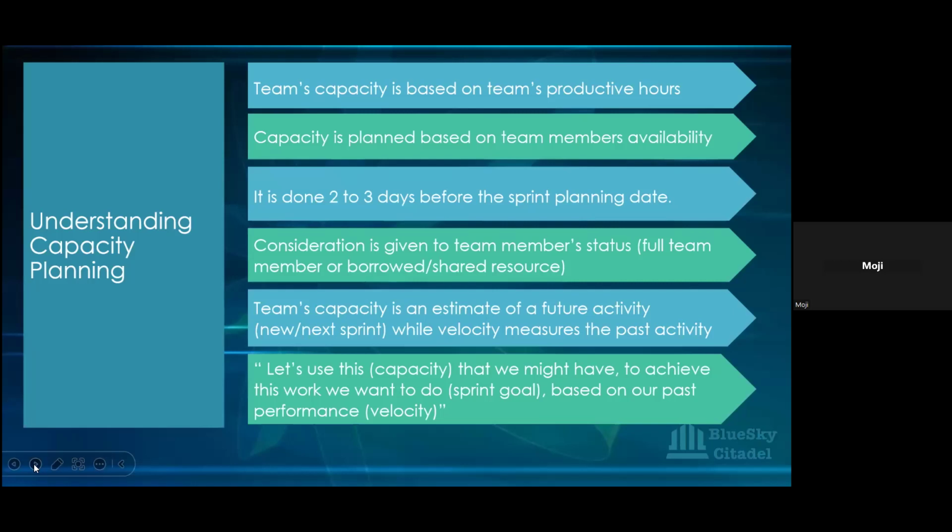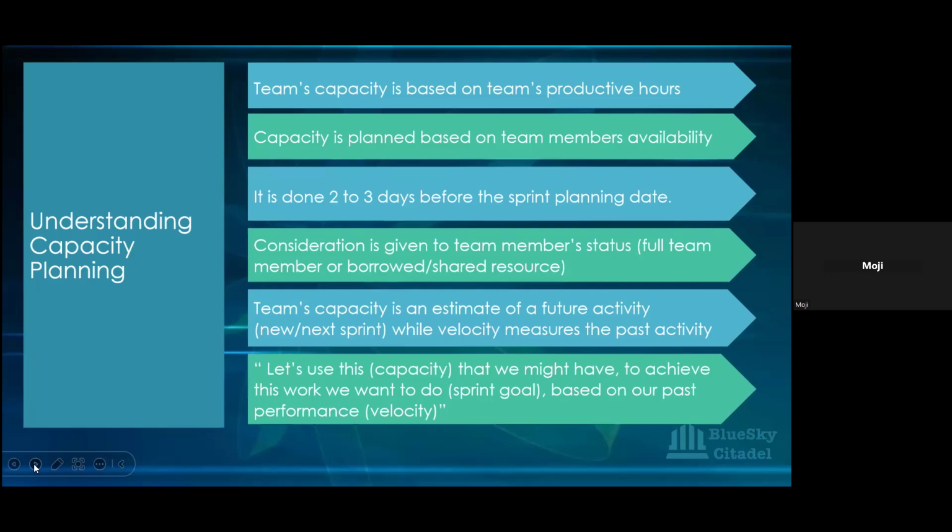Or invariably, what we're saying here is, let's use this, which is your capacity, that we might have. We're not sure we're going to have it. We might have it, because I can tell you I'm coming in 10 days. Okay, I'm going to be in all 10 days. I'm giving you my full thing and everything. If I have an emergency within that 10 days, I didn't know it was going to happen. It's an emergency.